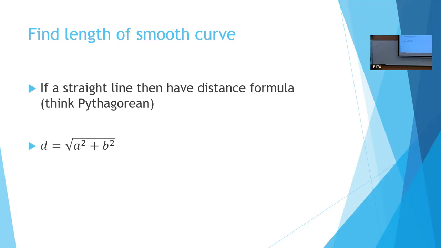So I have a smooth curve. I'm going to use the distance formula. The distance formula is just like the Pythagorean theorem with right triangles. The distance is the square root of a squared plus b squared. Okay? That's for a straight line.